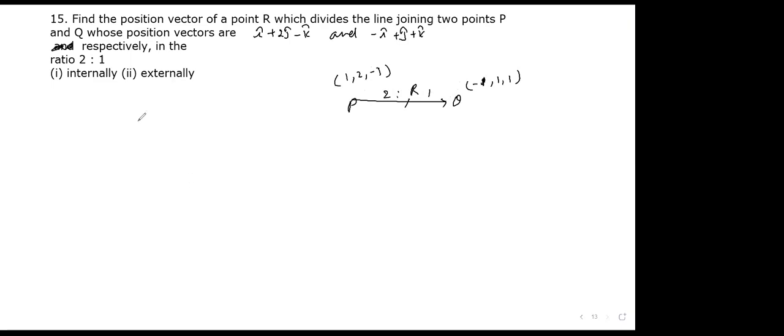So the position vector of R will be 2 times Q plus 1 times P. 2 times minus 1 plus 1 times 1 gives minus 3. 2 times 1 plus 1 times 2 gives 4. 2 times 1 plus 1 times minus 1 gives 1.